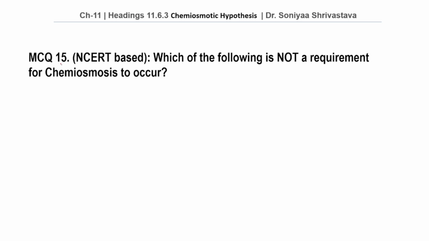Moving on to MCQ number 15. Which of the following is not a requirement for chemiosmosis to occur? We know that chemiosmosis needs a few essential components to make ATP, and the question is asking which is not that component. Let's see our options. Option number 1, a membrane, the thylakoid membrane.